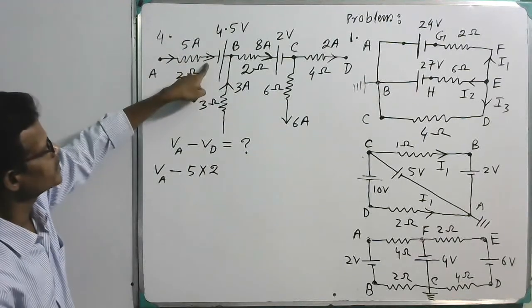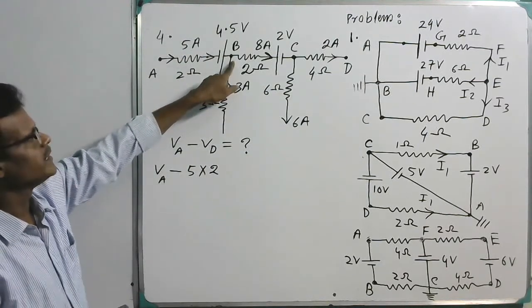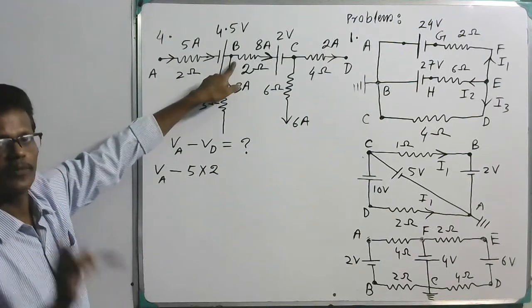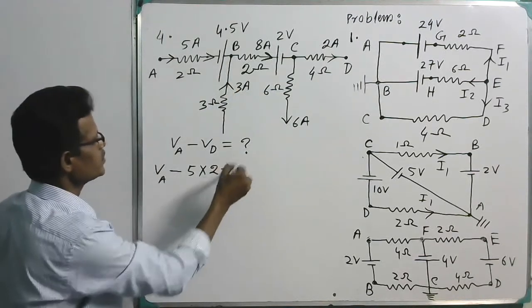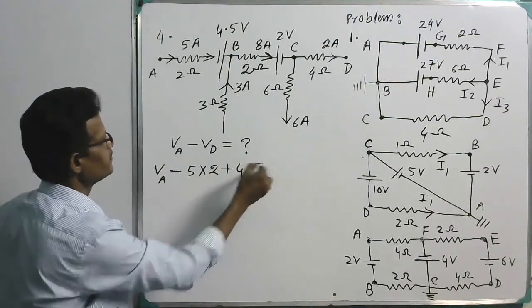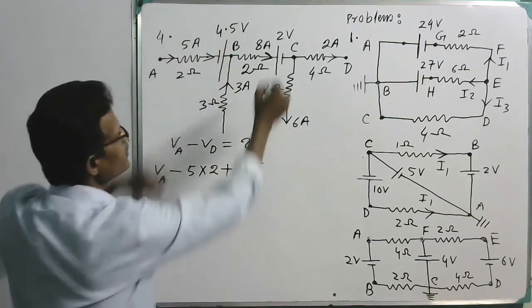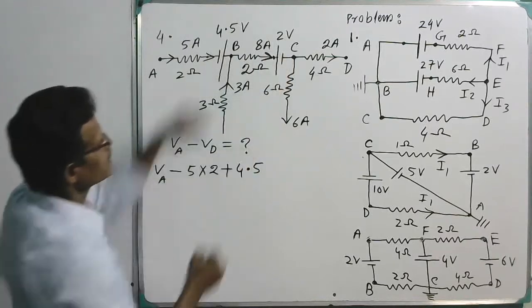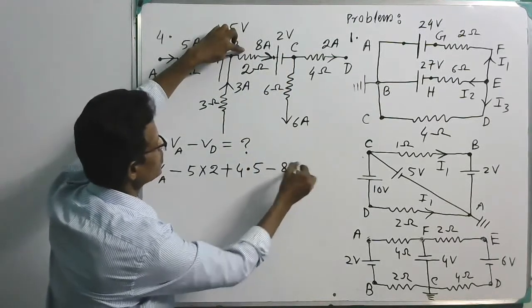Then you are proceeding from minus to plus, in the direction of increasing potential, so you write 4.5. Then you are crossing this resistance, so minus 8 into 2.